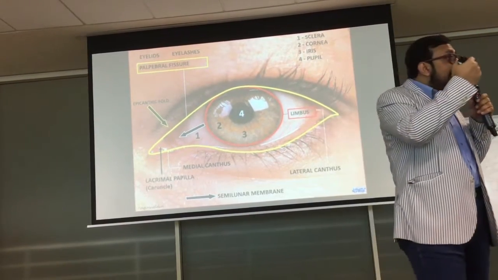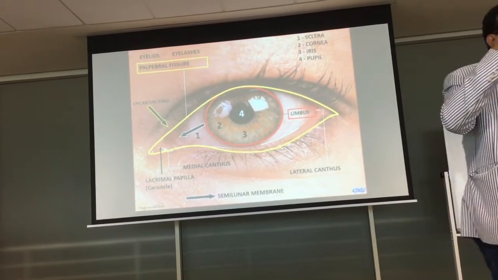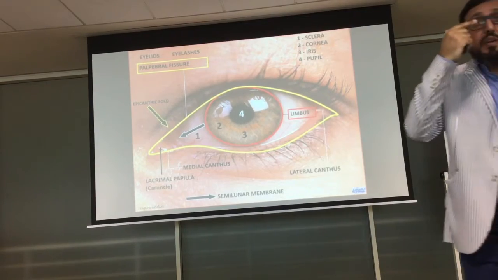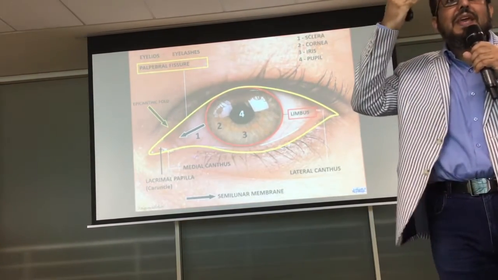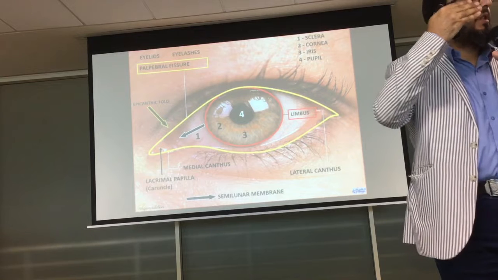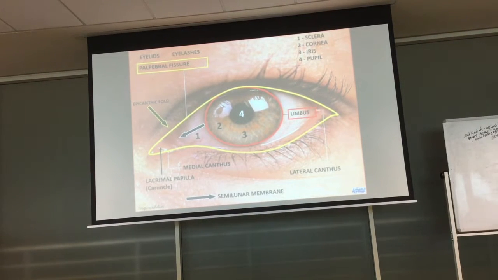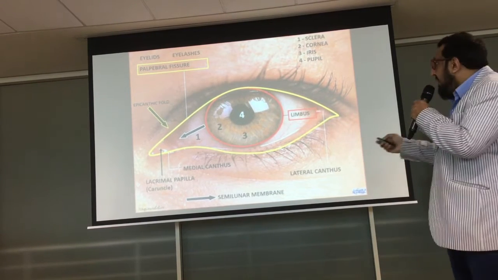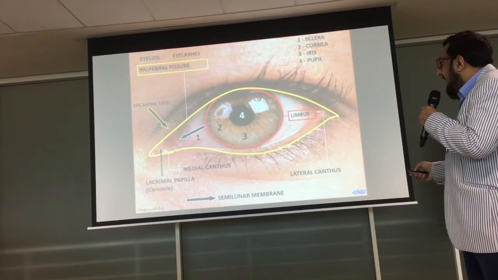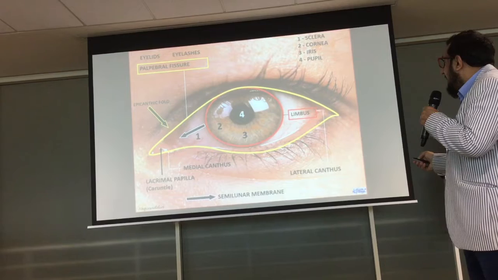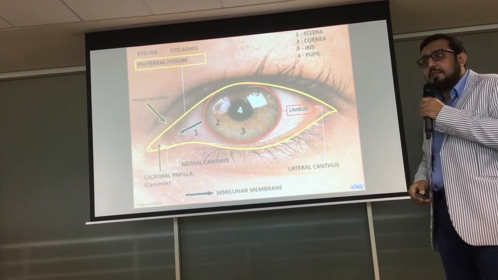But if you look very carefully across the cornea, you would see that it is completely transparent and the structures lying behind it are producing all the colors which we see in each other's eye. Okay, so the point where the cornea and the sclera meet is called the limbus.